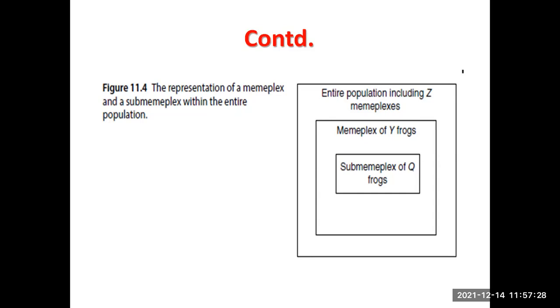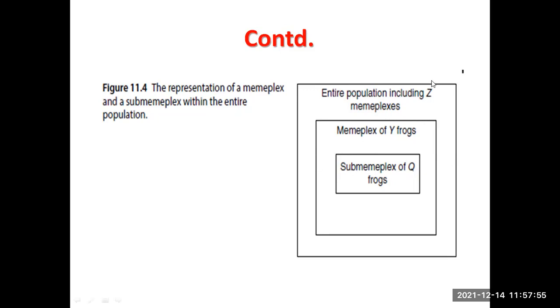Now the memeplex of Y frogs, this is the size of each memeplex, where Y number of frogs are there. Within this memeplex there is a sub-memeplex, this small rectangle, a small colony, the sub-memeplex of Q frogs.